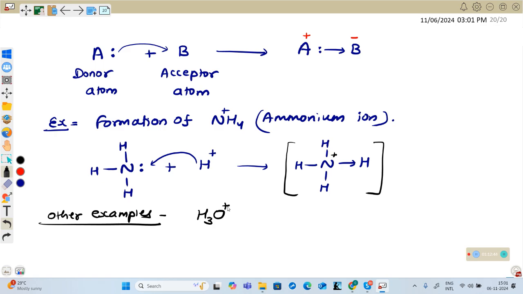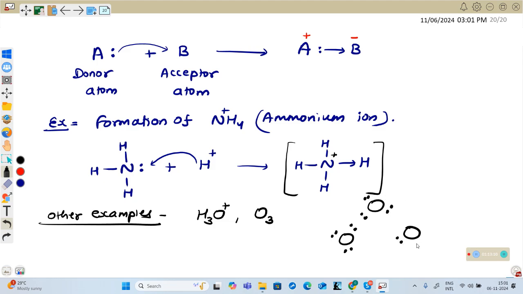In fact, in ozone there is one coordinate covalent bond. Two oxygen atoms share 2 electrons, forming a double bond, something like this. And oxygen cannot expand its octet, you know that.